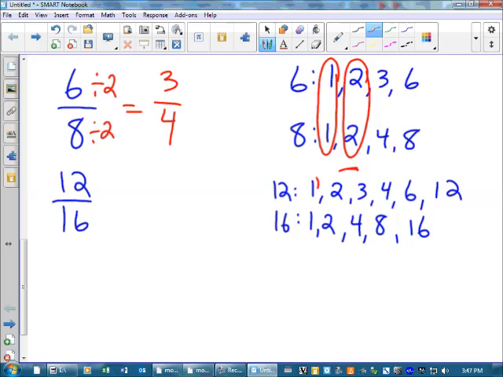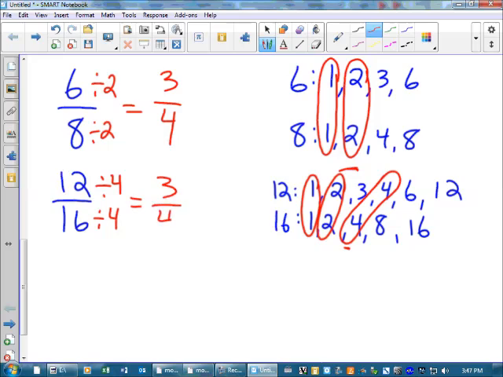Okay, so our common factors are 1, 2, 4, and that's it. So what's our greatest common factor? 4 is, right? So we're going to divide by 4. And that will give us 3/4 again. That's just a coincidence that it's also 3/4.